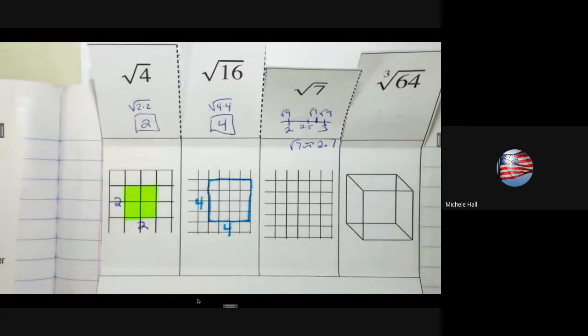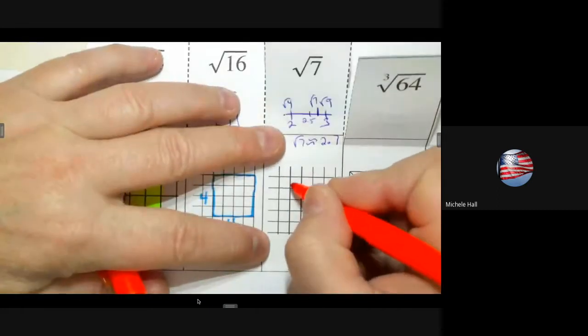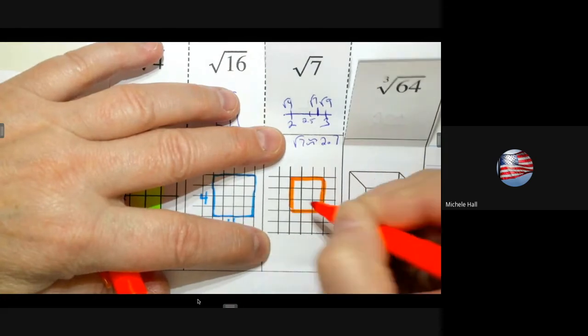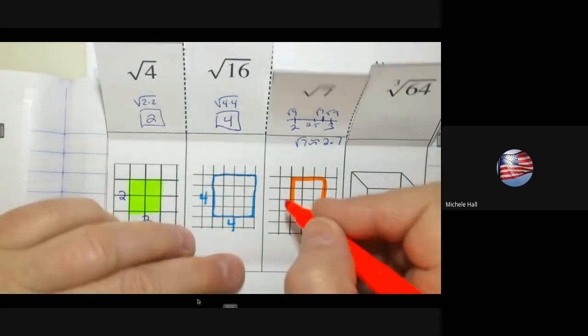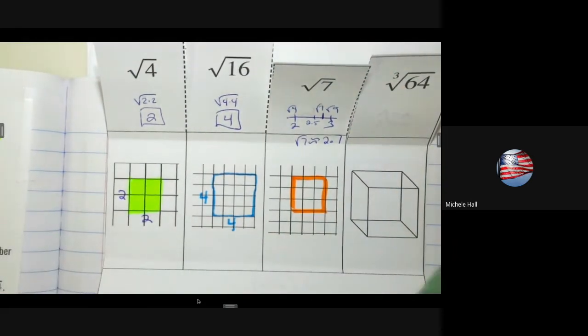What would the picture look like? We have a 3 by 3, and then we also have a 2 by 2.